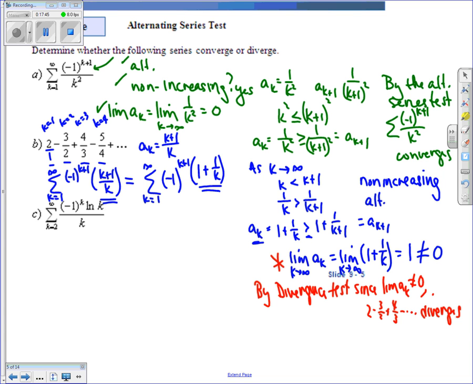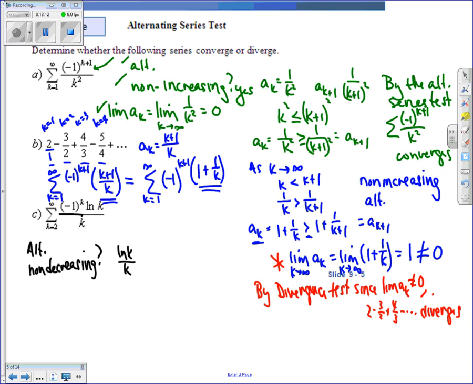Okay, now the last one. I have obviously alternating. I need to tell, is it non-increasing? That means that we want natural log of k over k to be getting smaller. Now that one's not easy to tell, and I can't split it up easily to be able to compare terms.